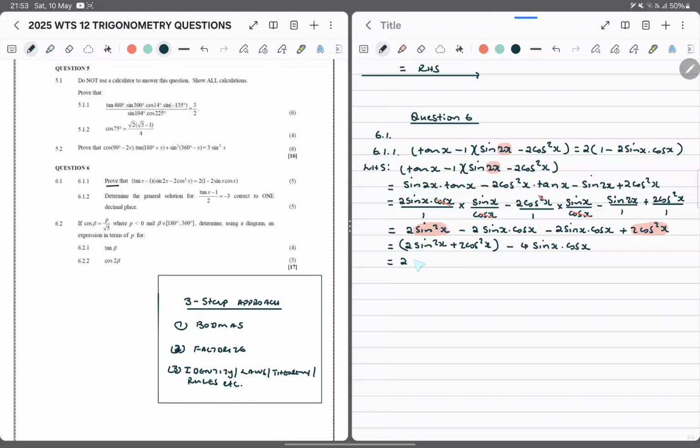We get 2 into sine squared x plus cos squared x minus, why didn't I just factorize here? It would have been very nice.